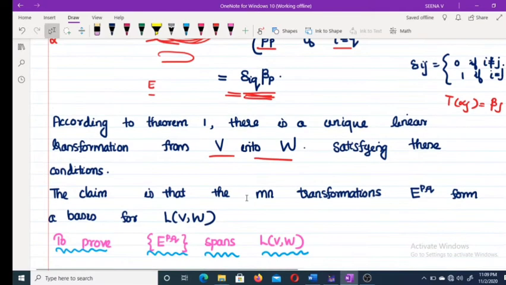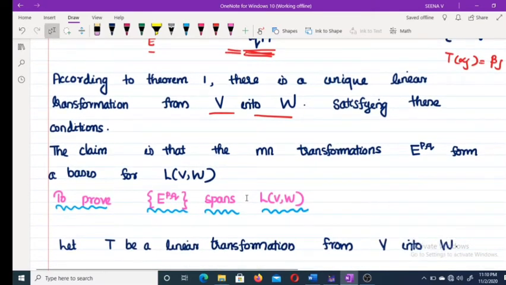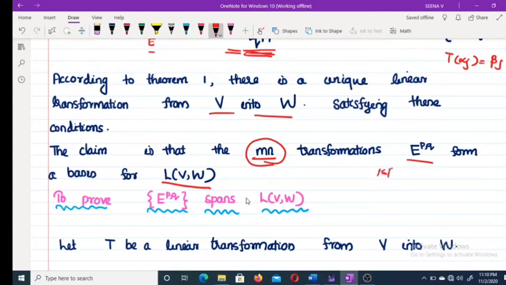Now we are claiming that these mn transformations E^{p,q} form a basis for L(V, W). That means the dimension of L(V, W) is equal to mn. We have mn transformations because 1 less than or equal to p less than or equal to m and 1 less than or equal to q less than or equal to n. Therefore, the total number is mn.